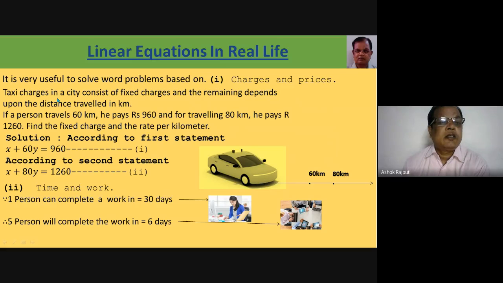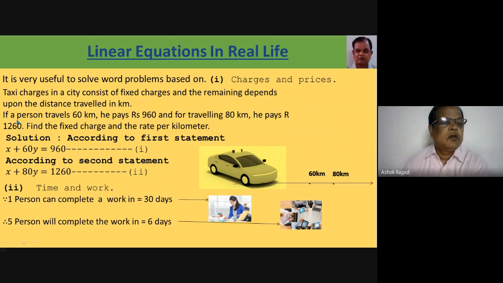Taxi charges in a city consist of a fixed charge. First, they fix a charge and the remaining depends upon the distance traveled in kilometers. The meaning of this is first they say I will get this much money and after that you will pay as per kilometers.